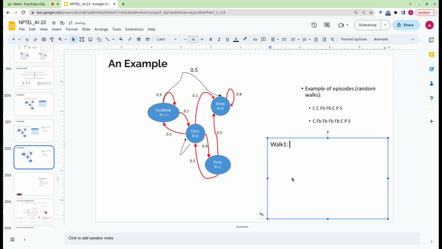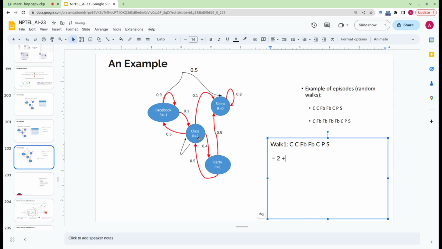So walk 1 is this: C to C, then FB, then FB, then class, then party, then sleep, right? The reward would be from class to class. You are in a class, that's fine. You are again going to class, where reward R is equal to 2.